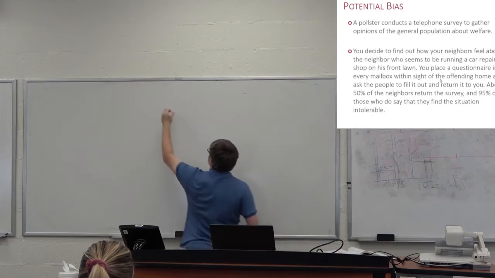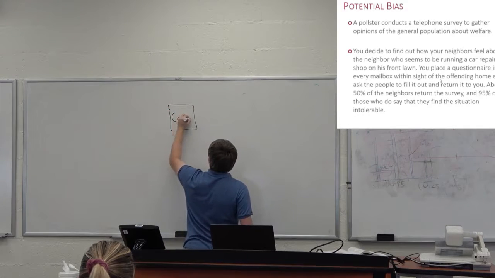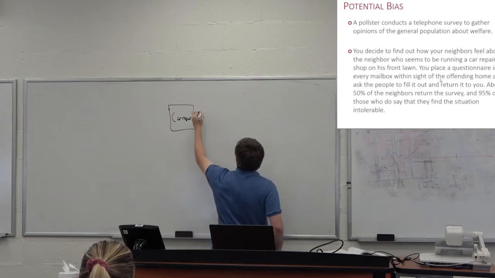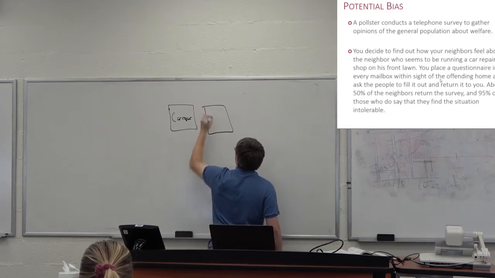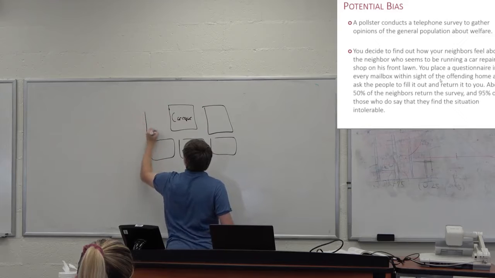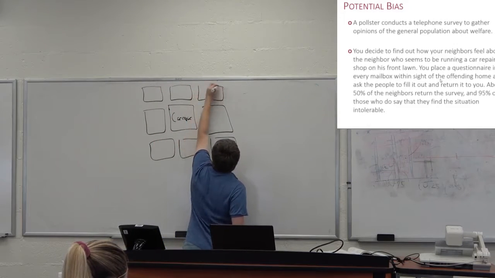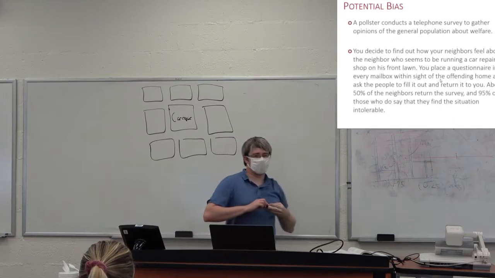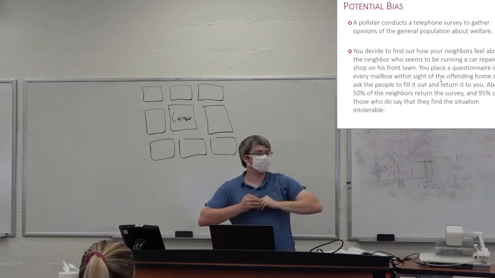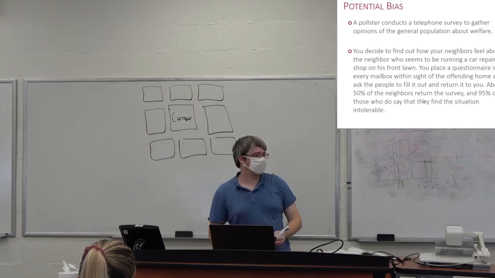I'm going to have a square here. This is where the car repair is. And I do a convenience poll of all of the different houses within this. So what's one potential source of bias if I'm trying to figure out if they need to be getting rid of the car repair shop or not?